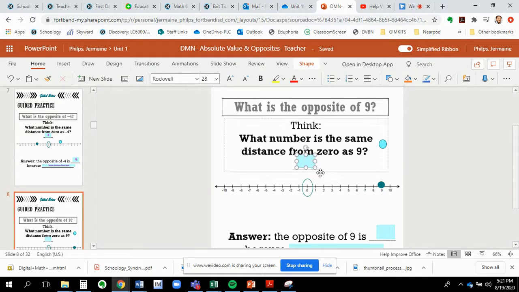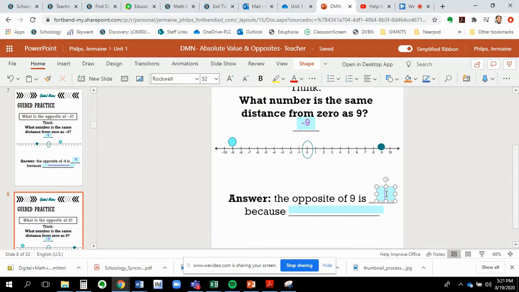Therefore, the opposite of positive 9 is -9 because it's a number that has the same distance from 0. So I'll drag this over here and drop it over there. The opposite of 9 is -9 because it is the same distance from 0.